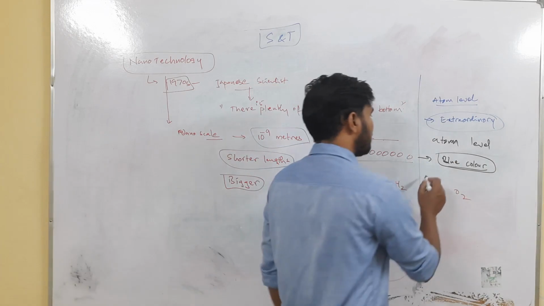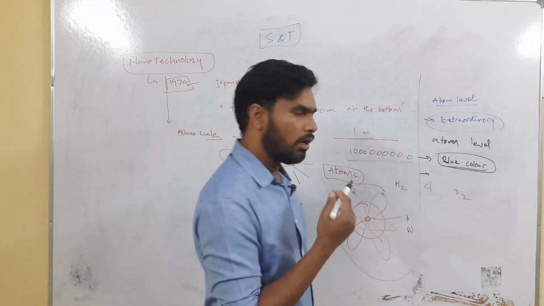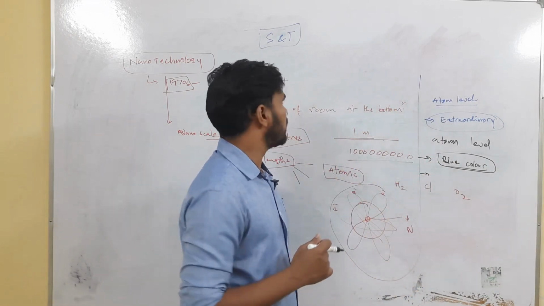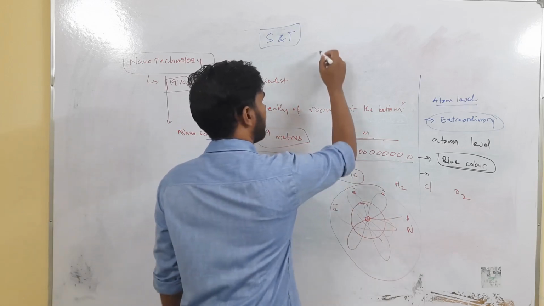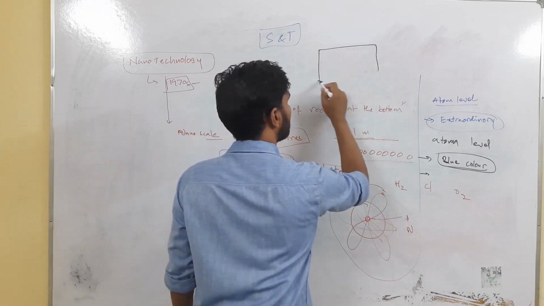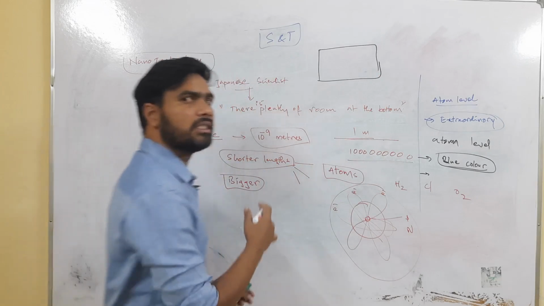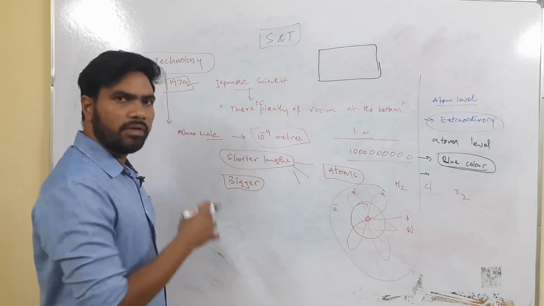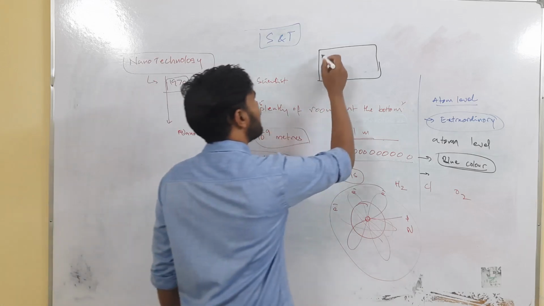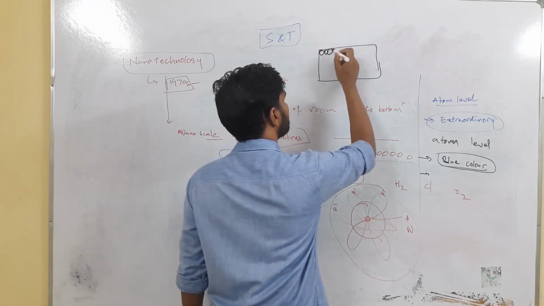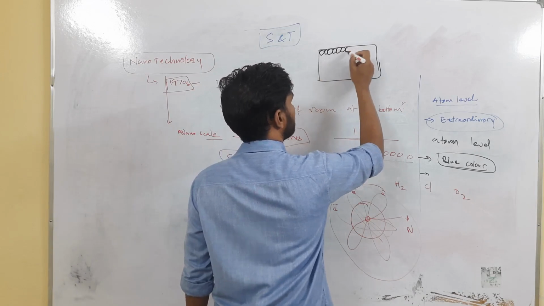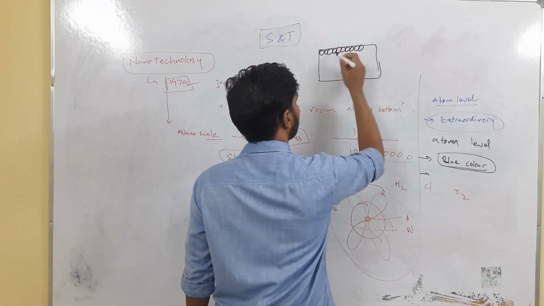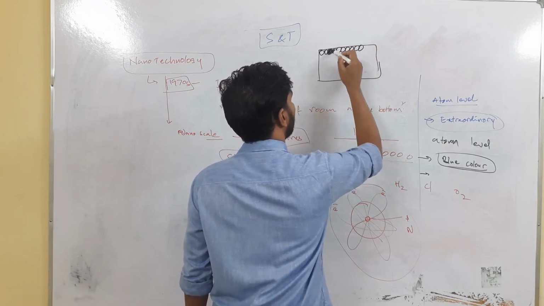Then if I change the order of the atoms that are present, I'm taking a replica of this whiteboard. Let's imagine this is the whiteboard on which I am writing, and these are the atoms. There are different atoms, some are black.